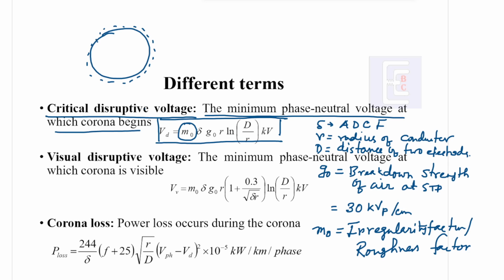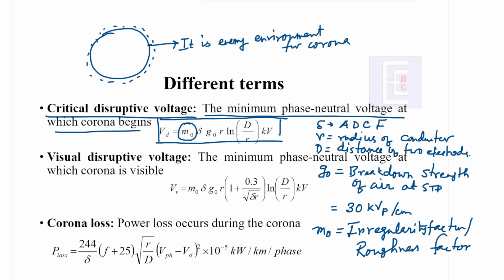If it is clean, then it is an enemy environment for corona.